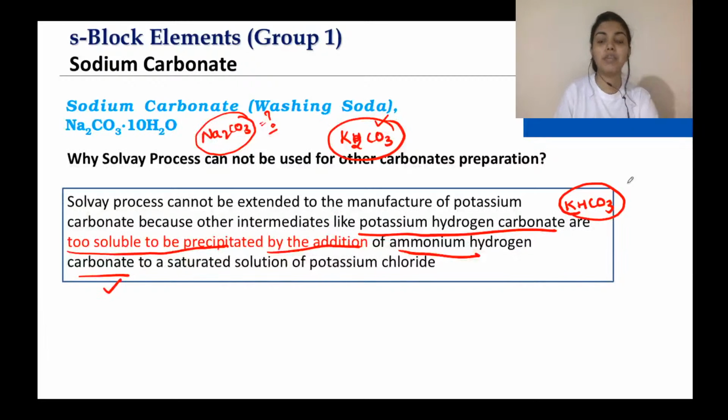So due to the higher solubility of potassium bicarbonate and lower solubility of sodium bicarbonate, we are able to prepare sodium carbonate from the Solvay process, but not potassium carbonate.